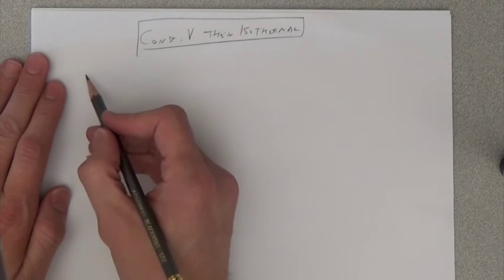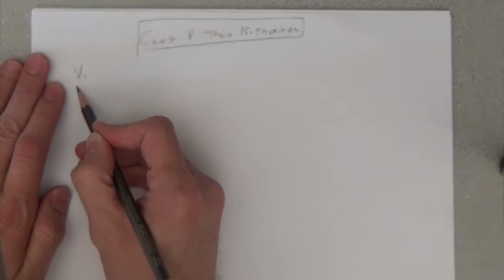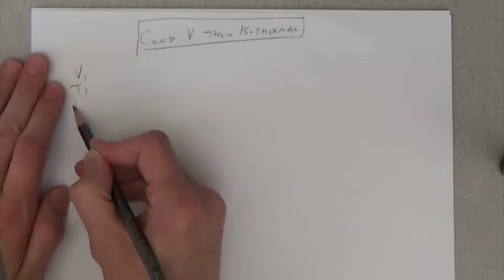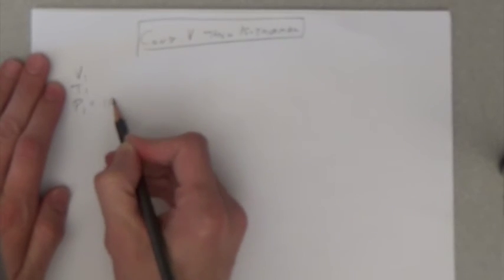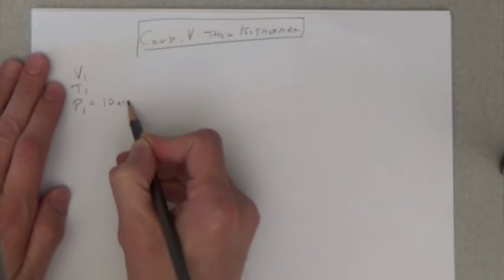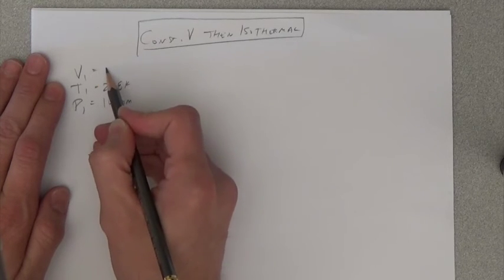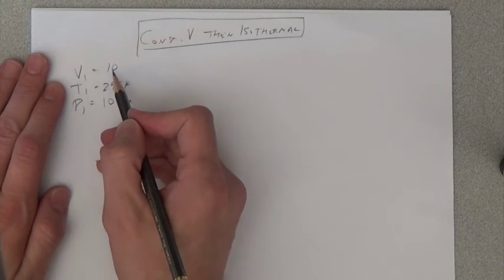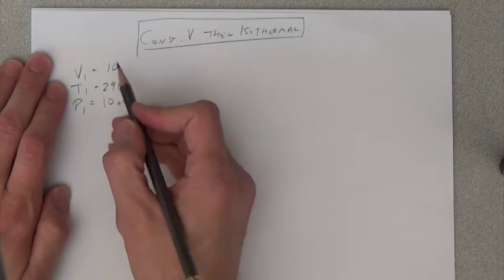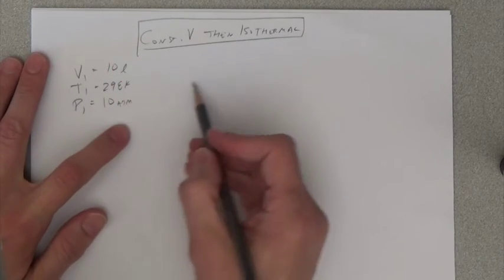Okay, so again, V1, T1, P1 are known: 10 atm, 298 K and 10 liters.